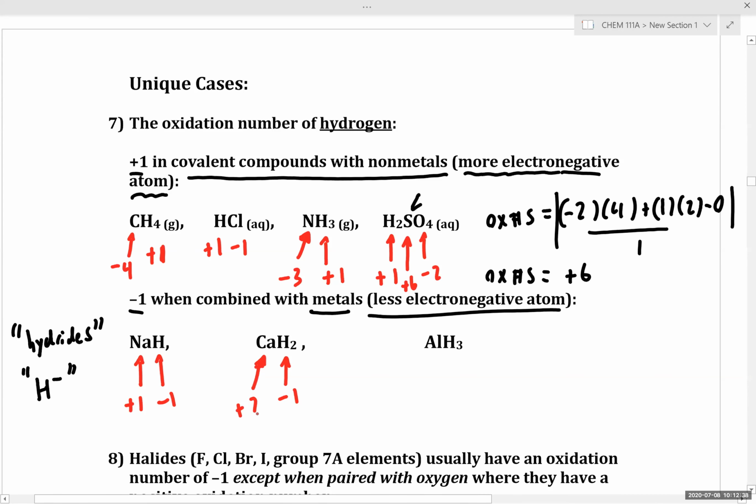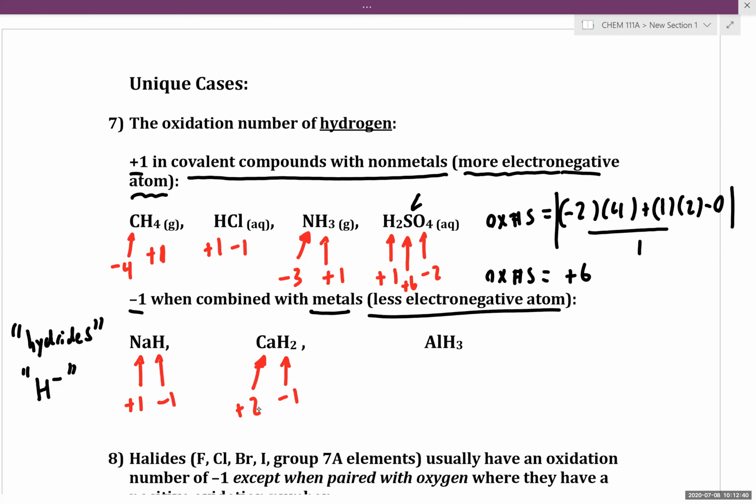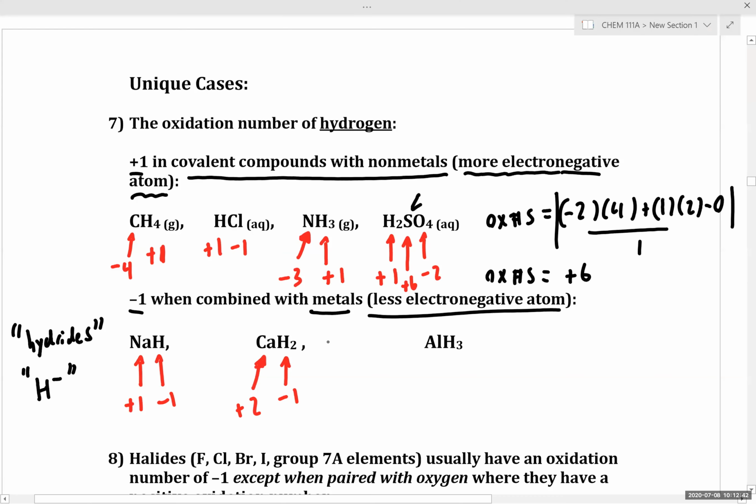Yep. Just like if we're figuring out the charge of calcium, we take our subscripts and reverse cross them to get our theoretical charges, which gives us calcium 2+ and H-.